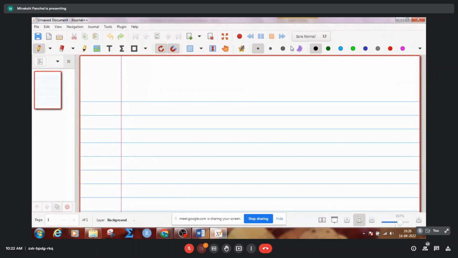Okay, so whenever such questions are there, you should draw the figures also. A simple network you should draw here. Different forms we are using.